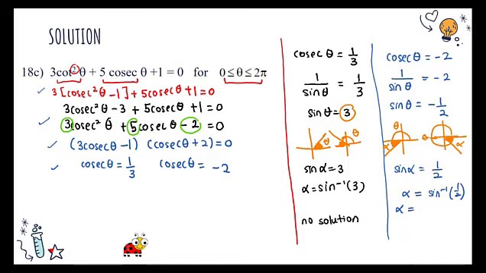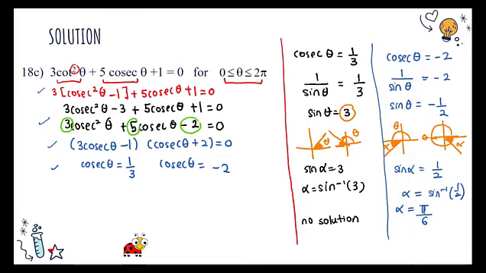Okay, so arc sine of 1 over 2 will be giving us pi over 6. So how do I get this value, pi over 6? Make sure to use radian in your calculator. If you use radian, automatically you will get the answer alpha equals to pi over 6.